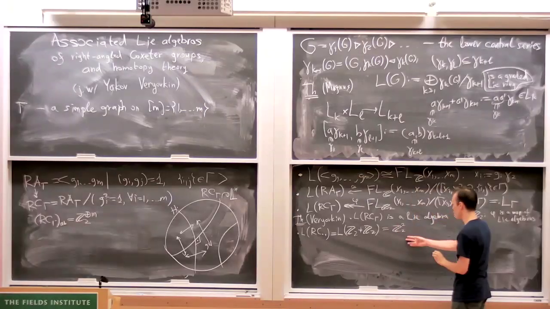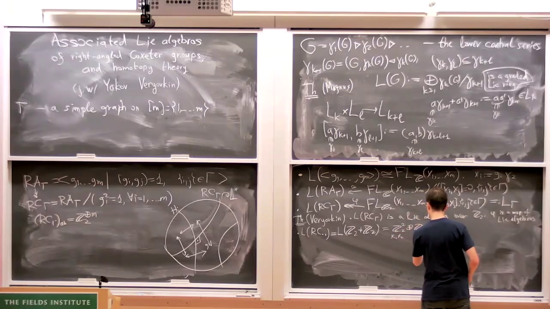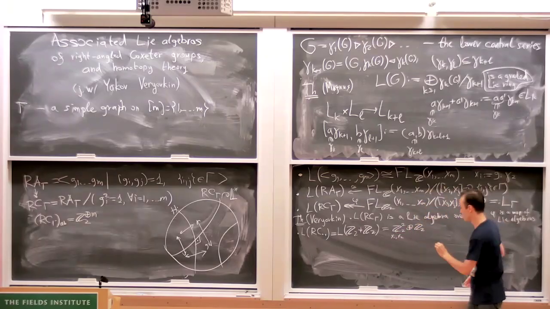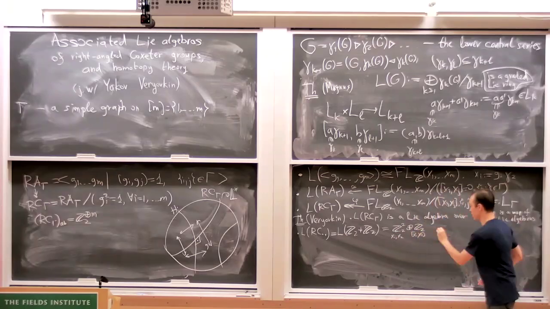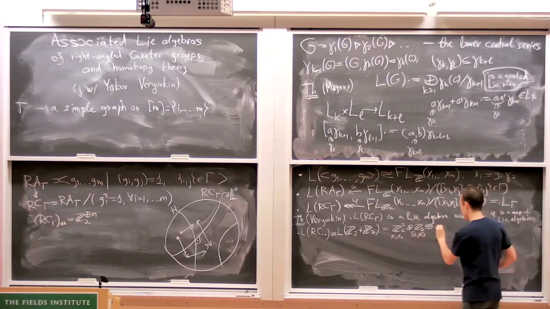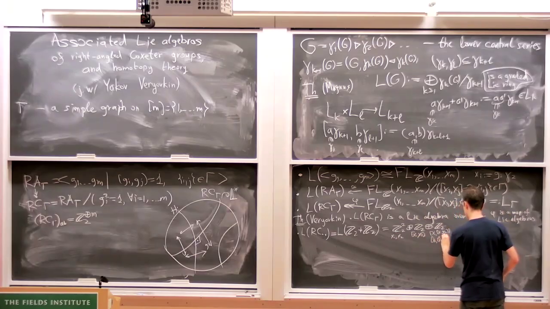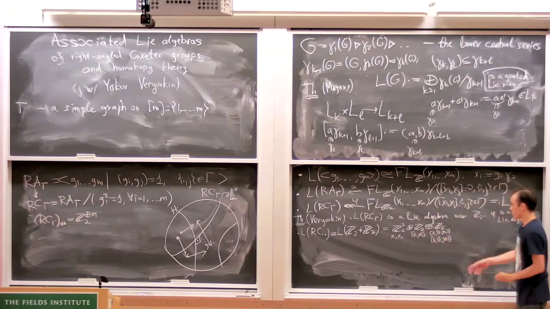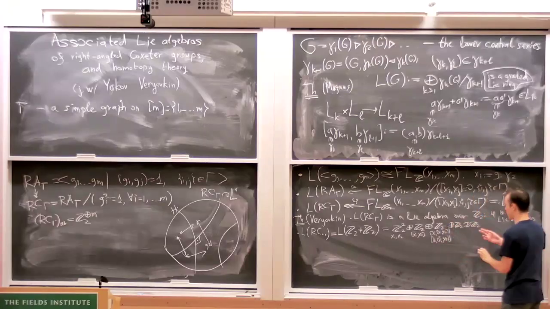In degree 1, we have two elements, which correspond to x1 and x2 as expected. In degree 2, we have one element, as in the free Lie algebra, which corresponds to the commutator. Then we expect two generators in degree 3, [x1,[x1,x2]] and [x2,[x1,x2]]. But in fact, we have only one element here. So [x1,[x1,x2]] is equal to [x2,[x1,x2]] in our case. And in all next degrees, we have only one element.